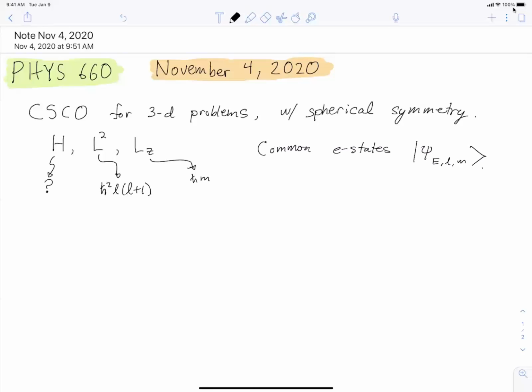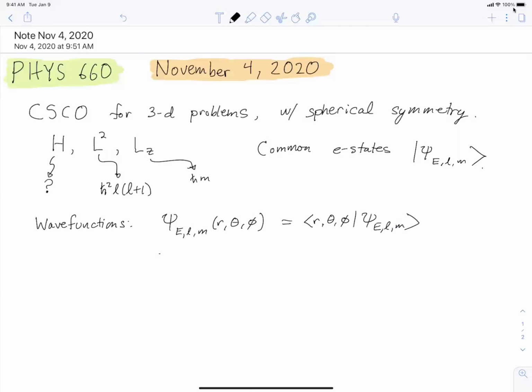Now, if we have those kets, we can construct the corresponding wave functions. Again, they're labeled by the three eigenvalues of the complete set of commuting observables. They are functions of r, theta, and phi. They're given by the inner product of the eigenstates of those position coordinates acting on the ket.